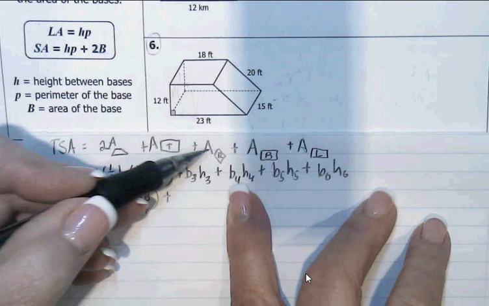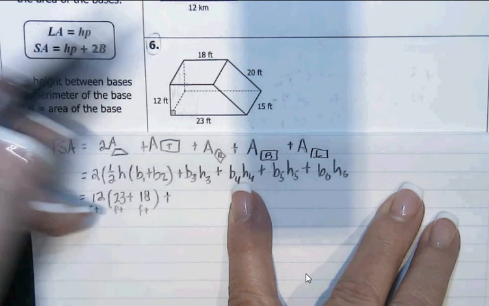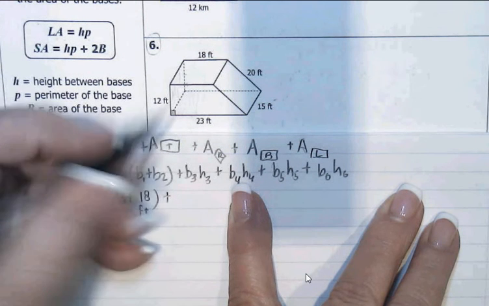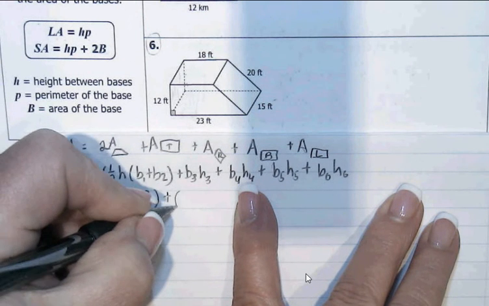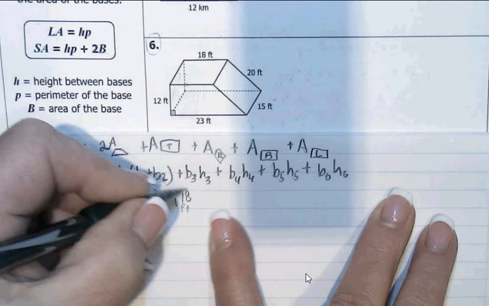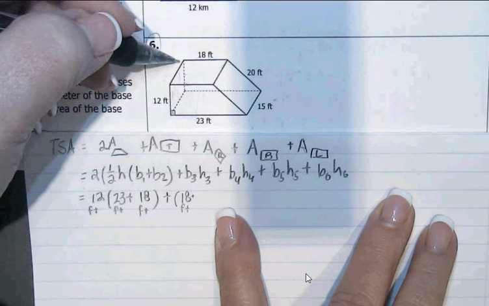And now we're going to move to the rectangle at the top here. And this rectangle at the top, we already know that this is 18 feet. So we're going to call its base 18 feet. And we have to multiply that times the height, which would be this dimension, which is also this dimension.